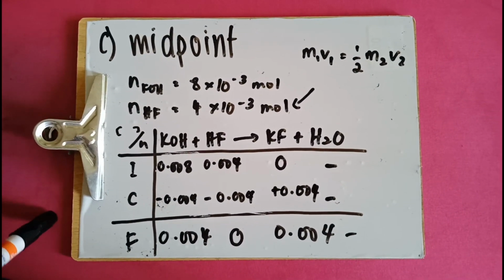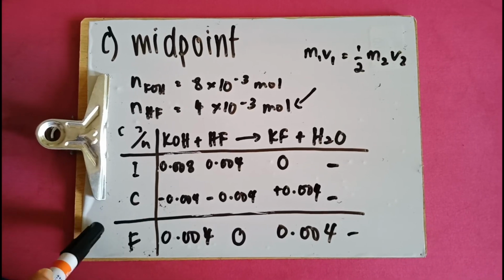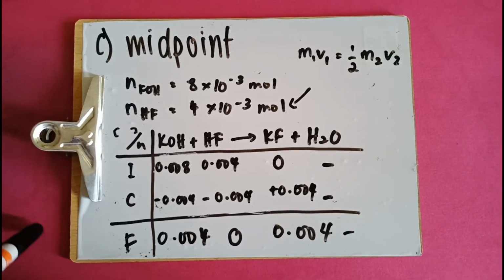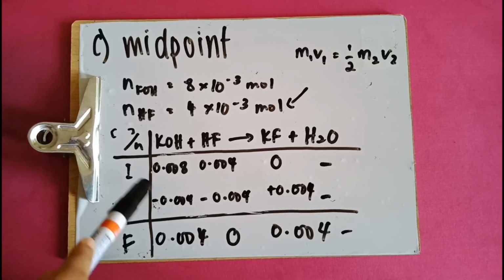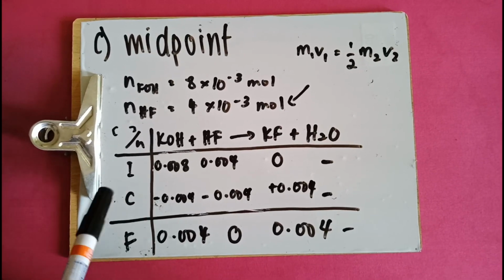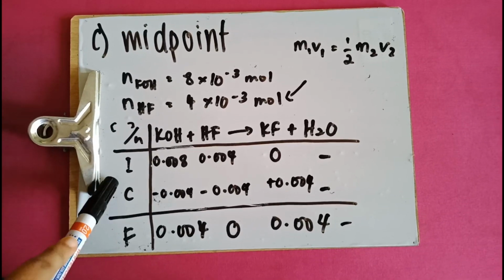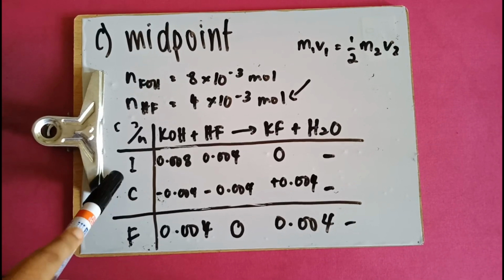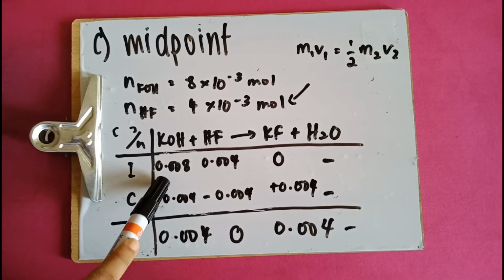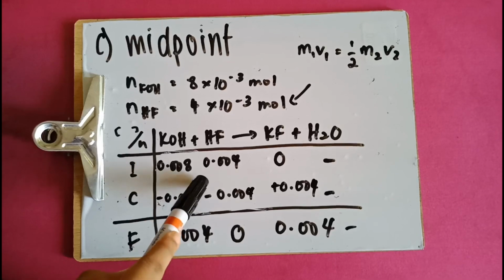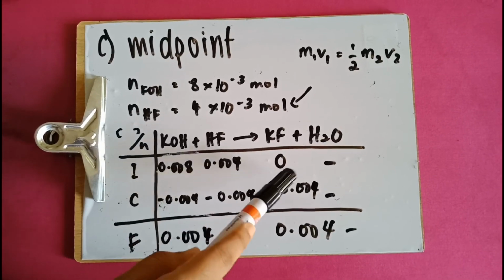So like usual, we build an ICE table using the moles for KOH and HF. So just build it, and for the initial put the mole for KOH is 0.008, HF 0.004, and the product is 0.